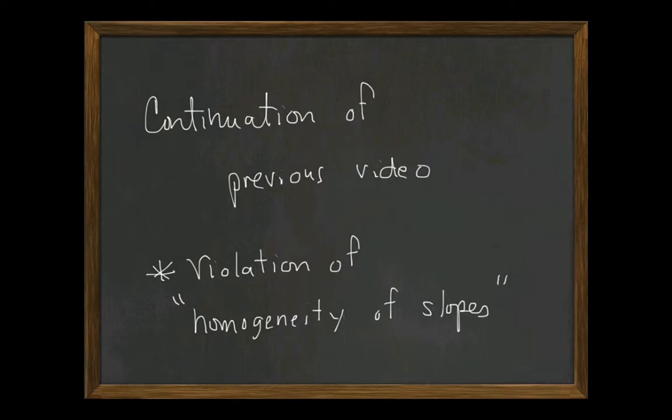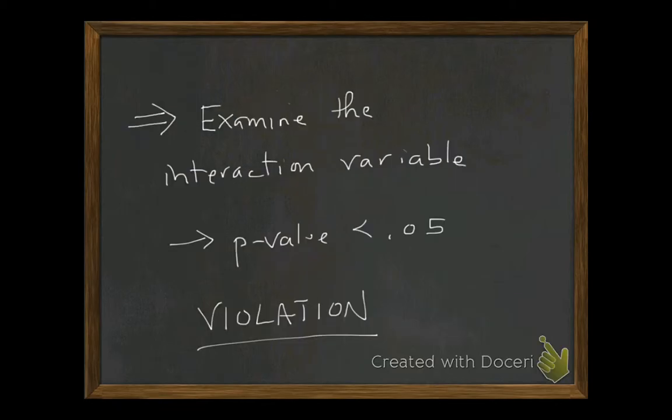Now, let me get my iPad going here. So one way to take a look at this is to examine the interaction variable. Interaction variables are not included in ANCOVA. Interaction variables are when we have two categorical variables and we want to look at the marginal means across the subgroups of the two categories.